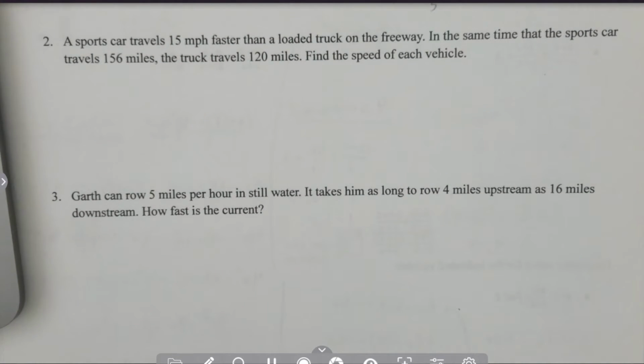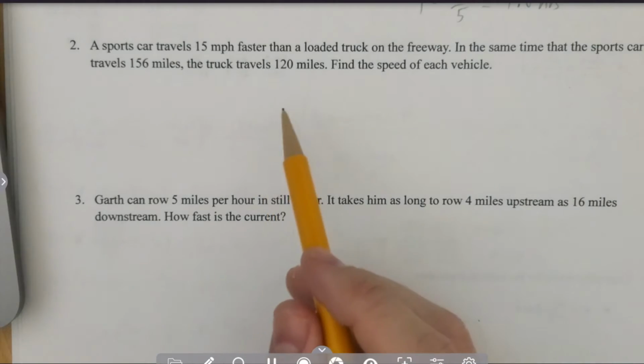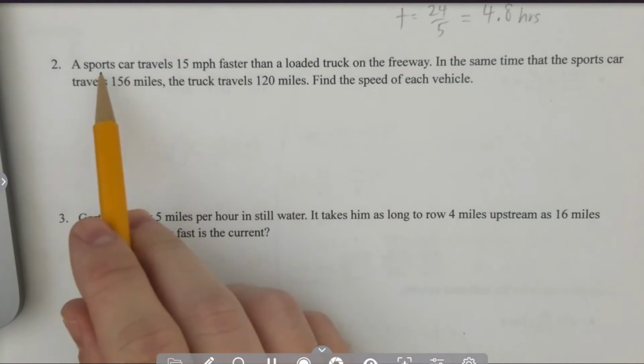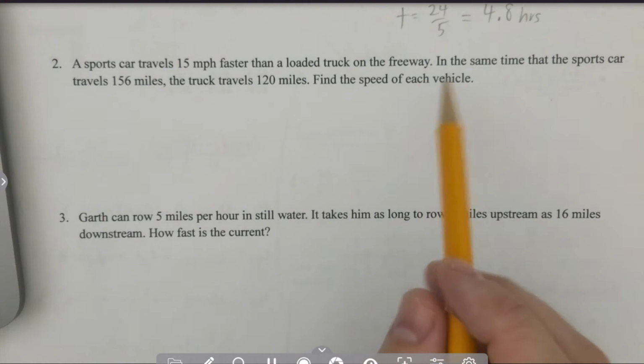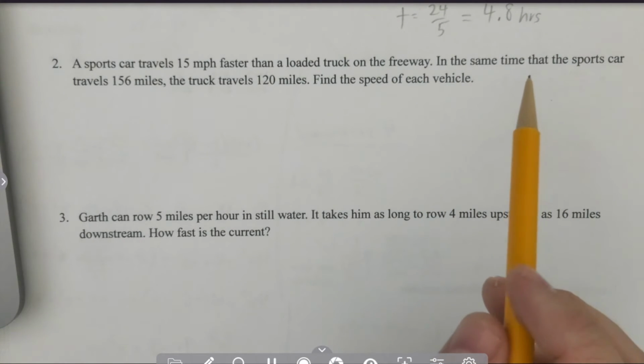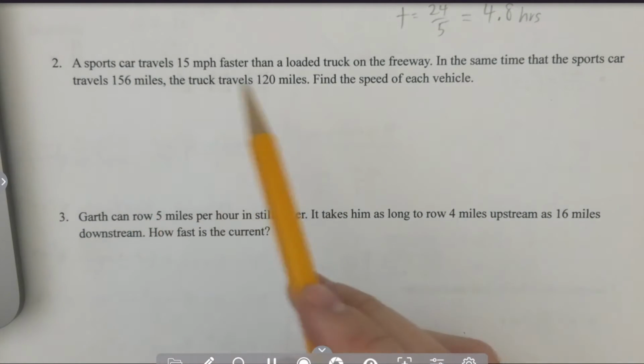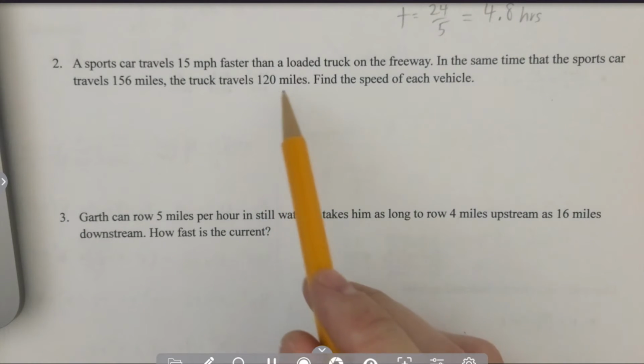Okay, up next we've got two different questions that will involve fractions. And these problems are a little bit tricky. But the thing to remember about both of these two problems is, let's just read this first one. A sports car travels 50 miles per hour faster than a loaded truck on the freeway. In the same time that the sports car travels 156 miles, the truck travels 120 miles.